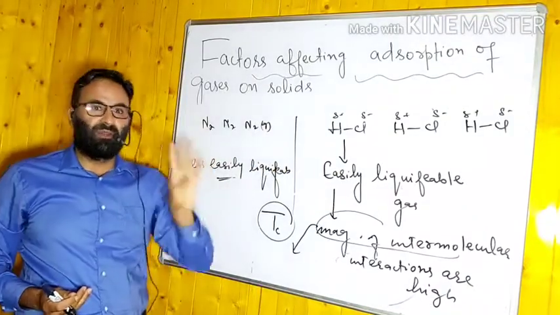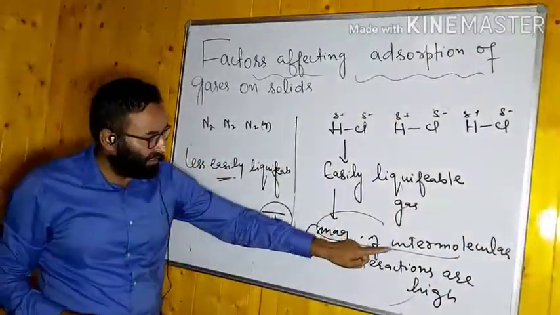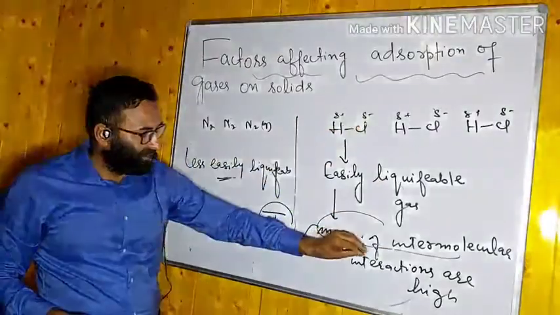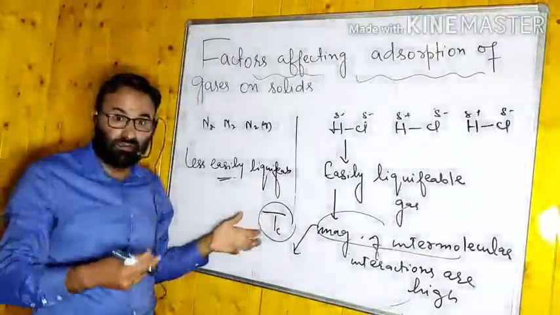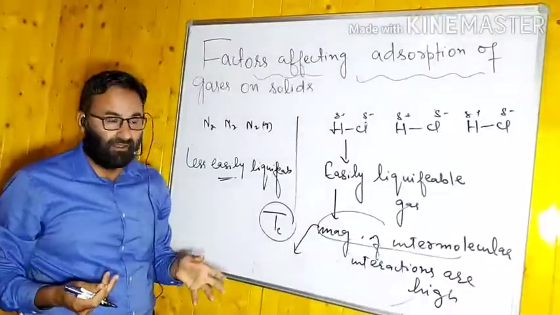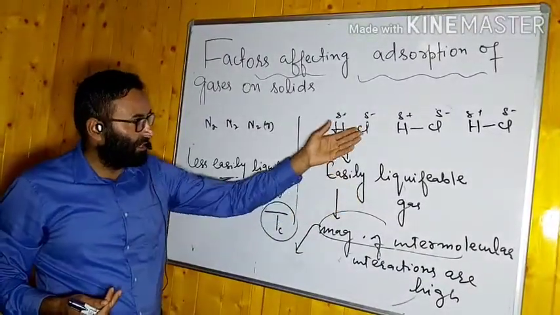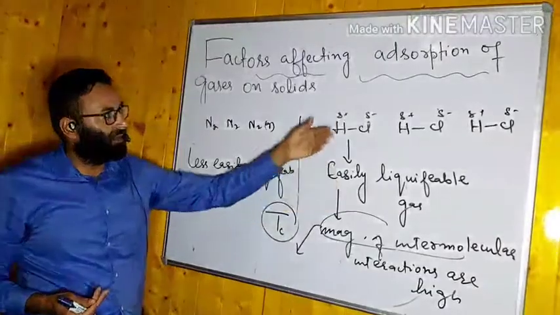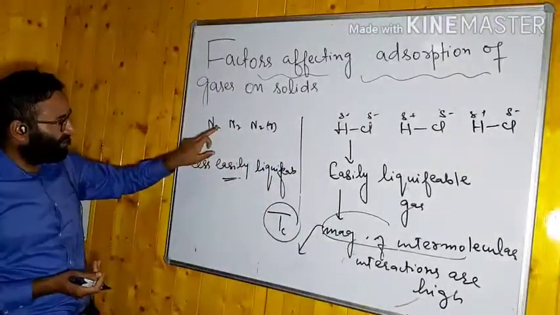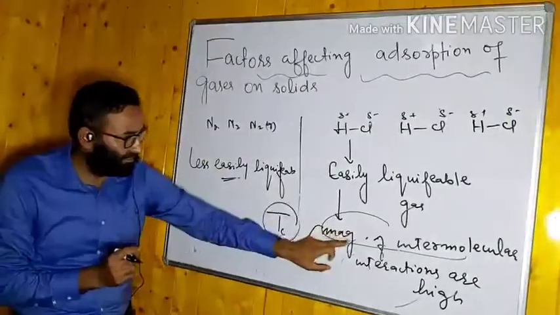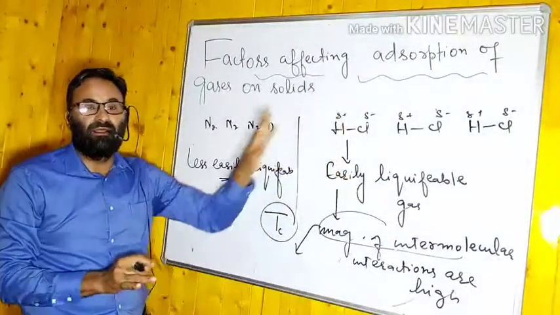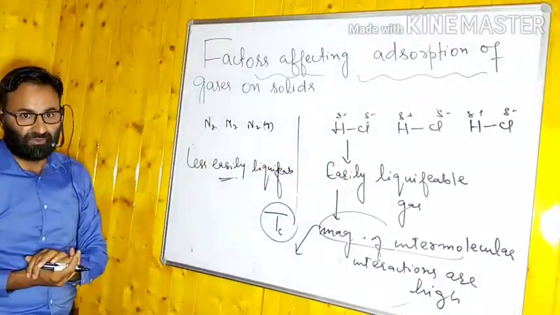It means that there are 4 factors: intermolecular interaction, critical temperature, liquefaction, adsorption। intermolecular interaction ज्यादा होंगे, critical temperature ज्यादा होगा, they are directly proportional। When the critical temperature is high, liquefaction will be high। Adsorption rate will be high। This is a very important point.